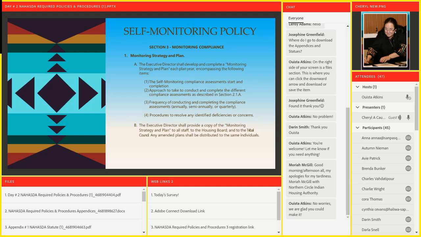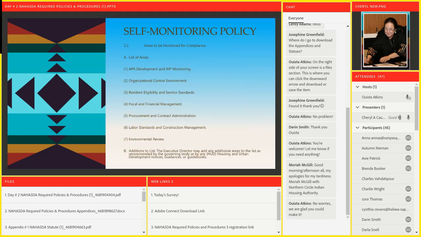The ED shall provide a copy of the monitoring strategy and plan to all staff, the housing board, tribal council, and any amended plan shall be distributed to the same individuals. Your policy, areas to be monitored for compliance.